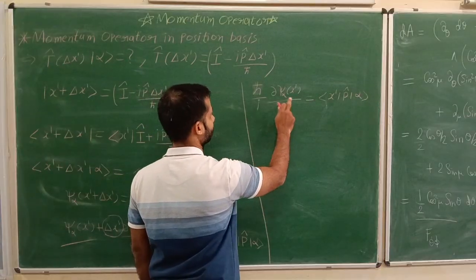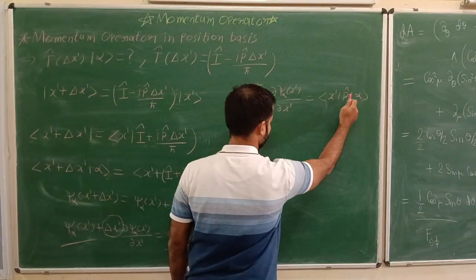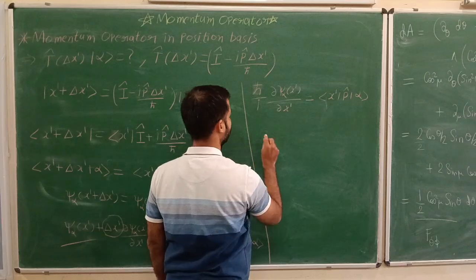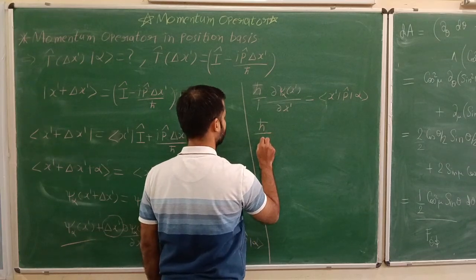Remember psi alpha, how do I get it here? So I can again exploit the identity here and get something like this.